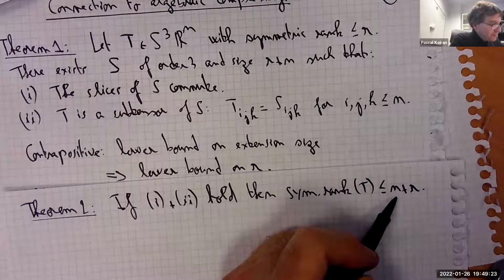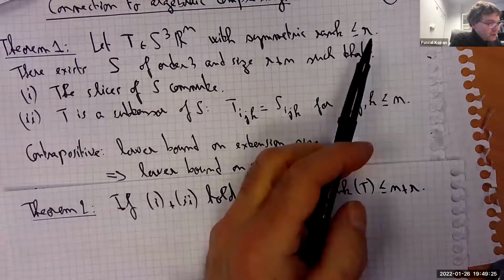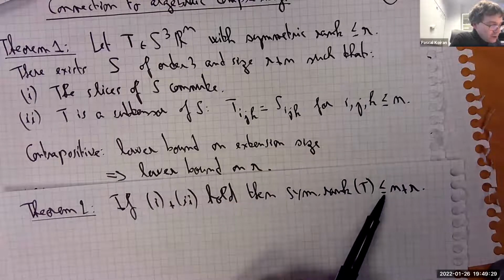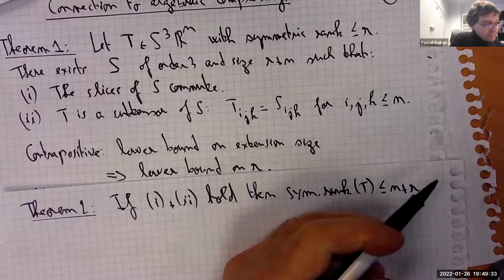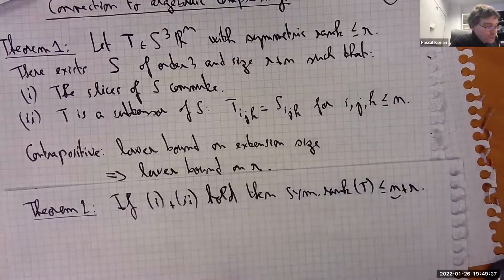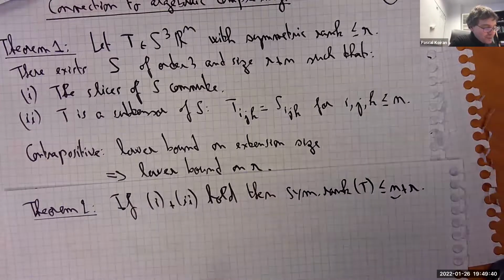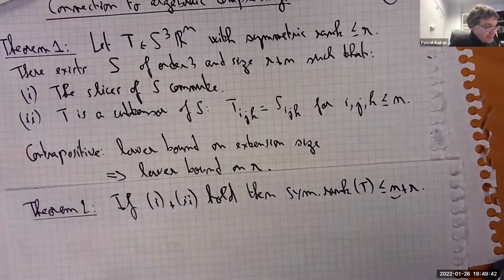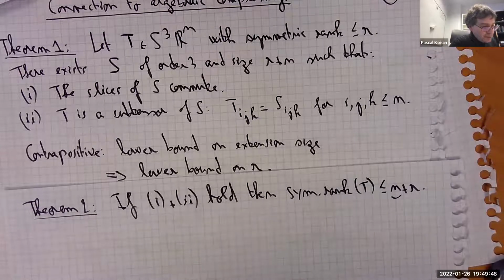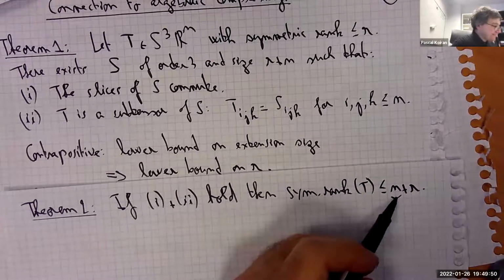Here we started with a tensor of rank at most R, and here we have as a conclusion rank at most n plus R. But up to this term n, we do have a characterization of tensor rank. And if we want to ultimately obtain some nonlinear lower bound, nonlinear in n, then it's not a problem if we lose n here.